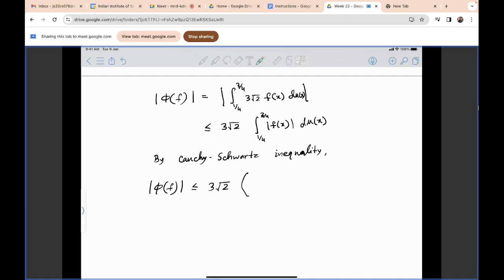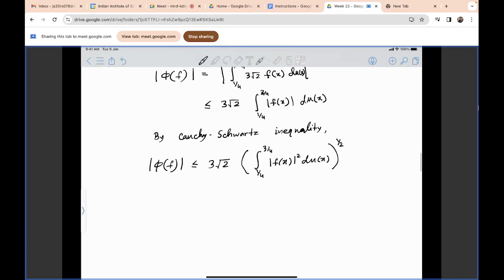We are applying Cauchy-Schwarz with the function 1. So this is less than or equal to 3 root 2 times the integral from 1/4 to 3/4 of mod f(x) squared d mu(x), to the power half, times the integral from 1/4 to 3/4 of 1 d mu(x), to the power half.